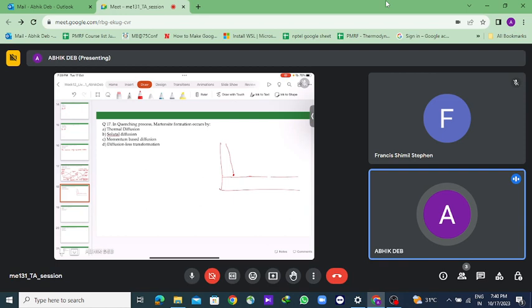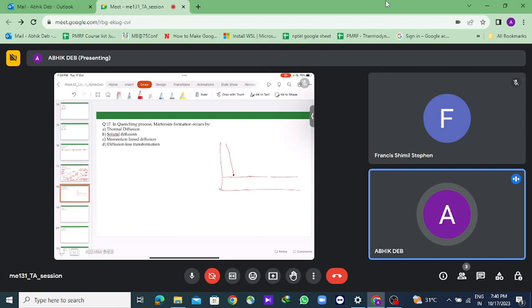In this process, there is no major decrease in hardness. See, I said earlier that the hardness can be increased by two processes.